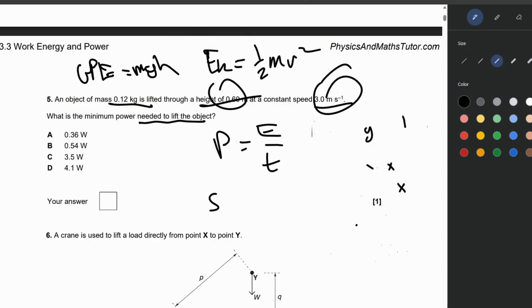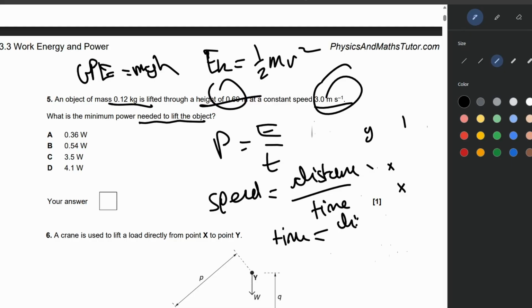Guess what? Speed equals distance over time. So, time equals distance over speed. Distance 0.6 over speed 3.